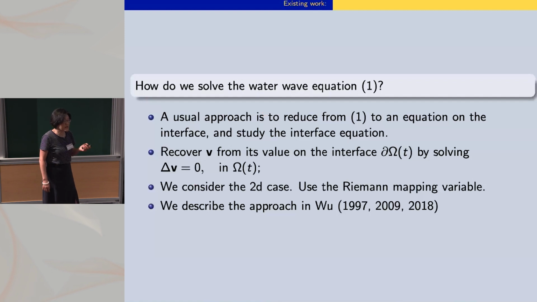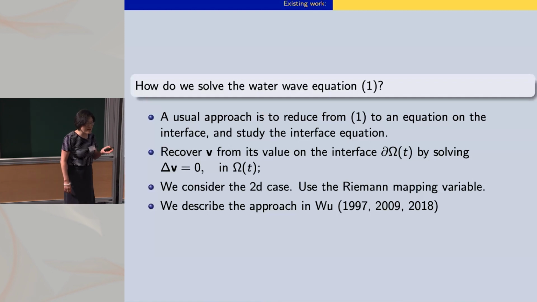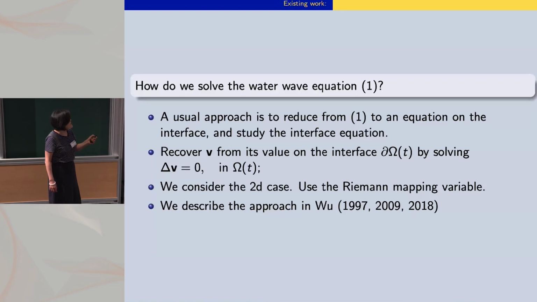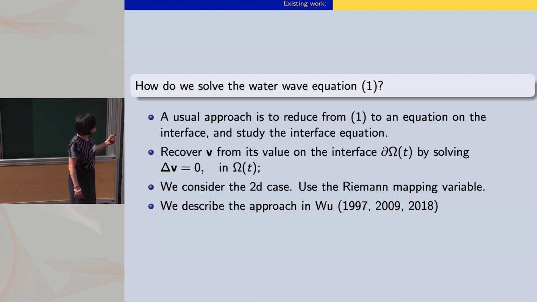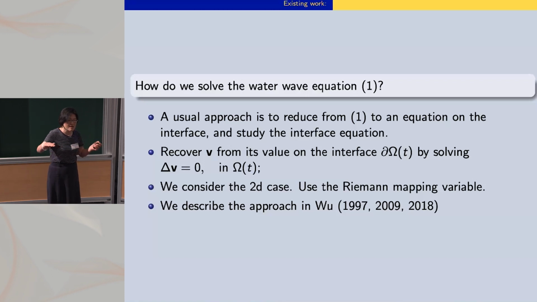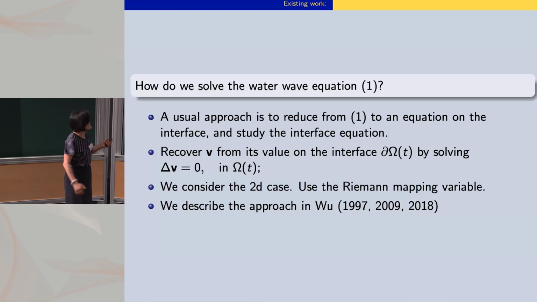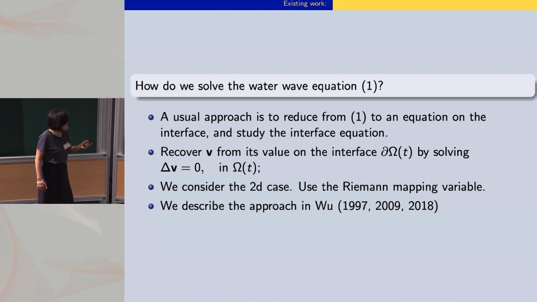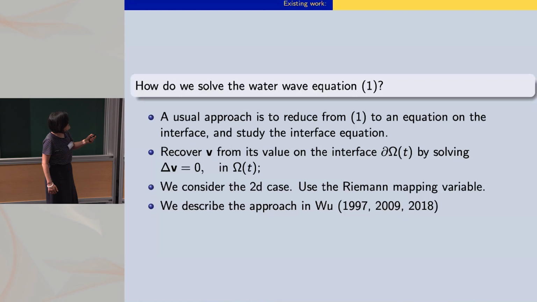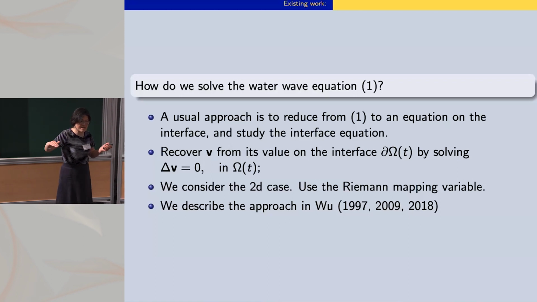So how do we usually solve the water wave equation? Because the divergence is zero and the curl equals 0, the velocity field is harmonic, holomorphic, so it satisfies the harmonic equation. This means we only need to know the velocity on the interface, and then you can solve it back inside the fluid domain. This is a classical approach, to reduce the problem to the interface so that you don't have to deal with the free boundary.